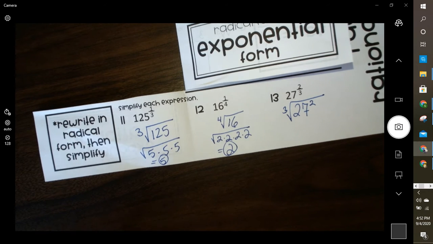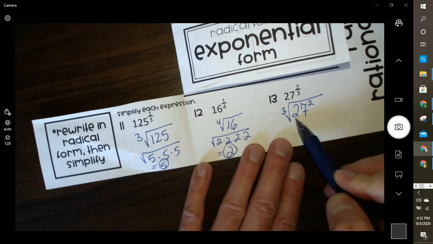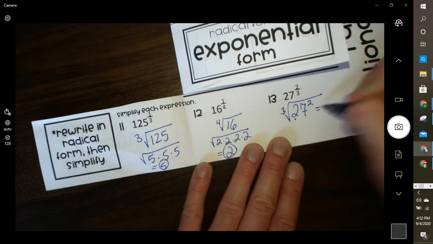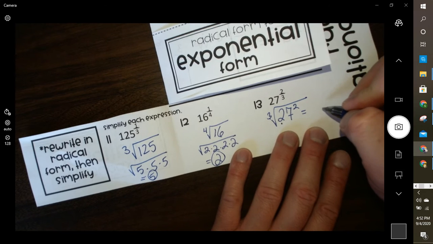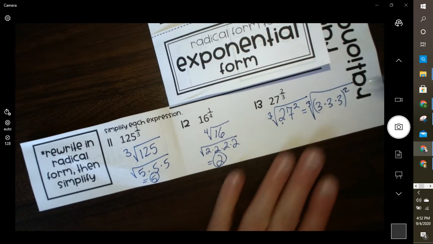As we read this, it is the cube root of 27, squared. Okay, let's break this down step by step. We are first going to find out what the cube root of 27 is, if we can. I hope you're thinking 3 times 3 is 9, times 3 is 27. I'm going to put that in parentheses, squared.